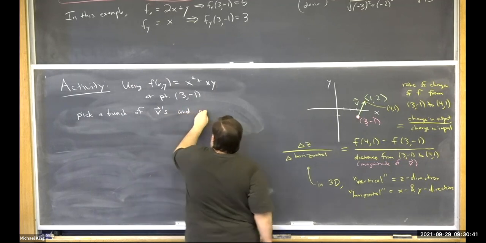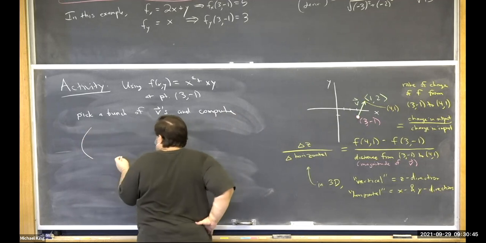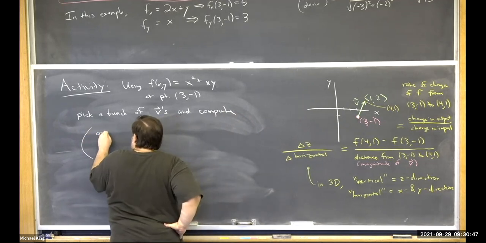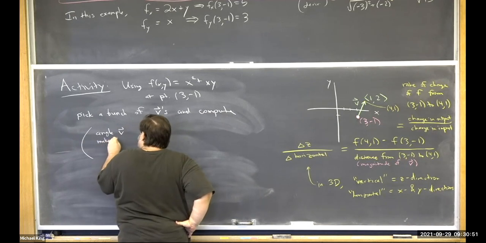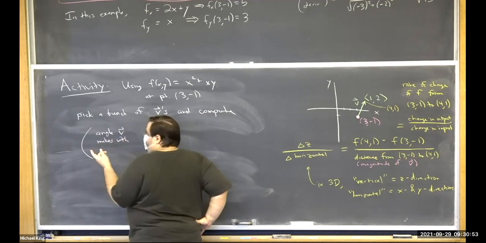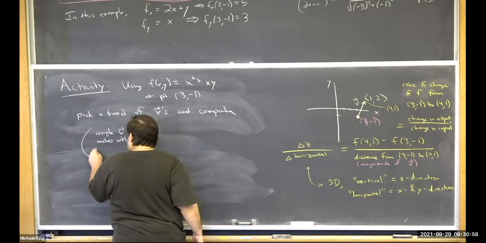and compute the following. The angle that v makes with the positive x-axis, that's usually our reference angle, right? It's like that's 0 degrees is that way.